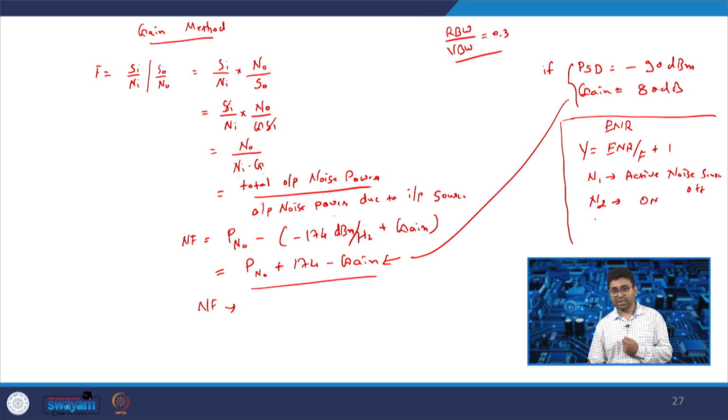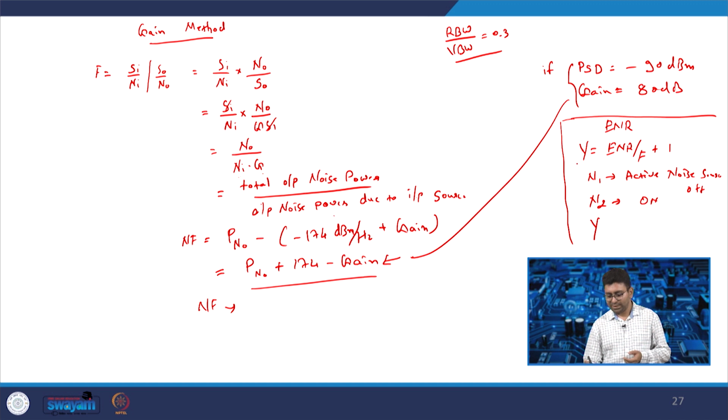Then you will get the Y factor, at different frequencies. If you are purchasing the noise source from any vendor, they will provide the excess noise ratio for different frequencies, and then you can find out easily.